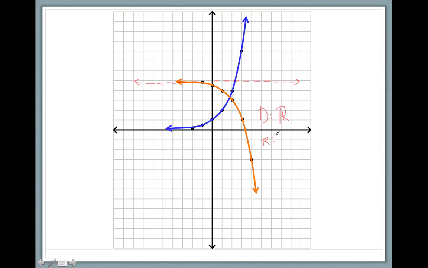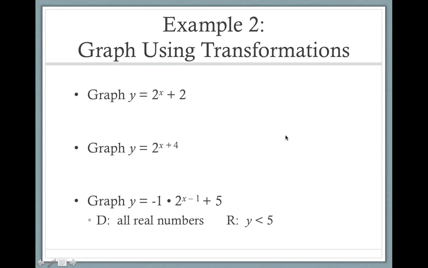So instead of y being greater than the k value, we end up with y being less than the k value. Okay, so our domain is going to be all real numbers still, but our range now is going to be that y has to be less than 5.